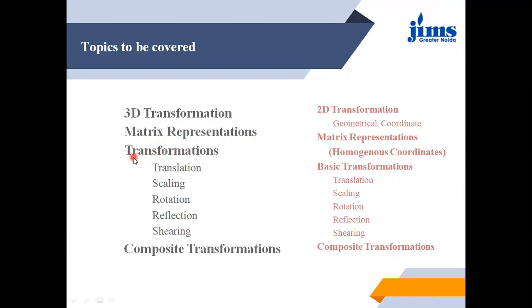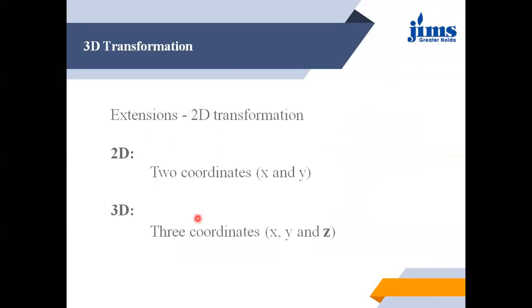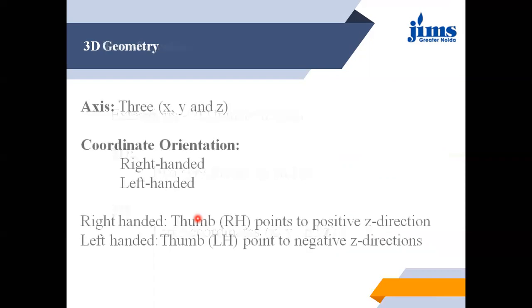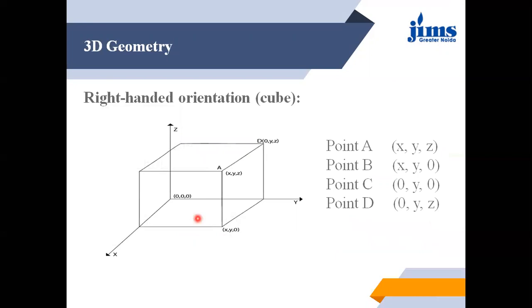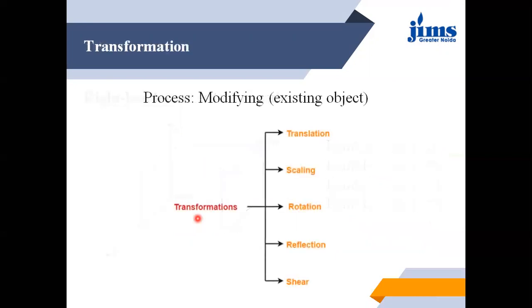Then we discussed translation in transformations. From today, we will discuss scaling, rotation, reflection, and shearing. We discussed the difference between 2D and 3D, then the representation of 3D geometry.